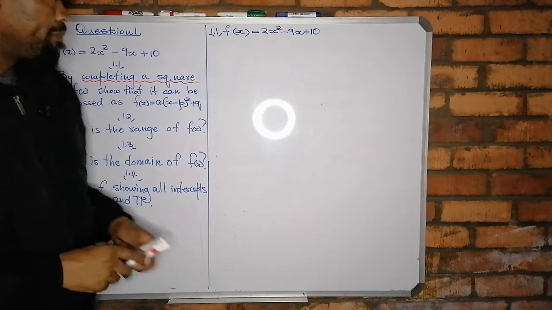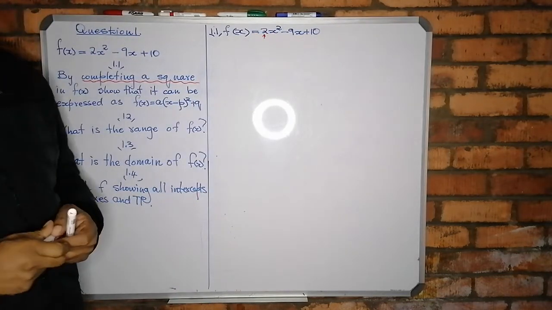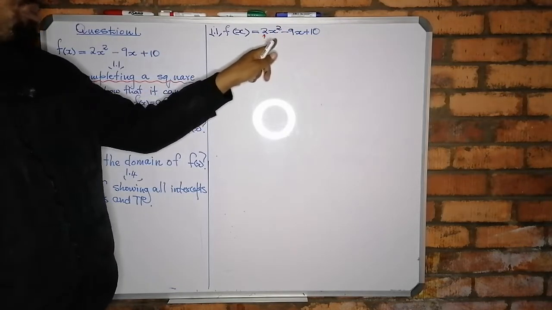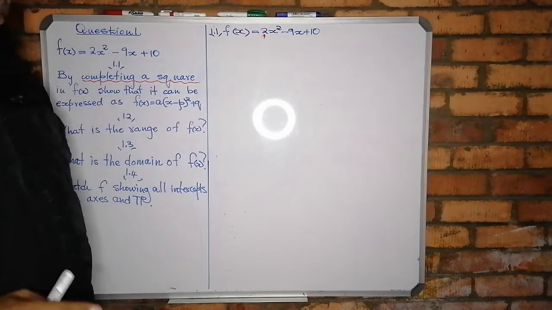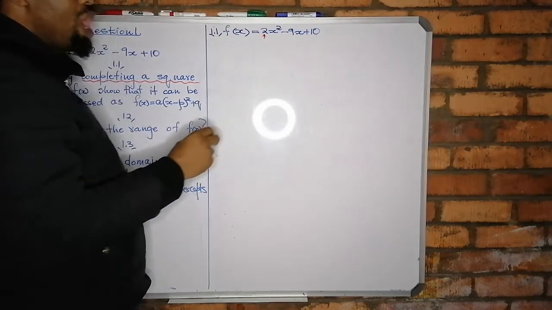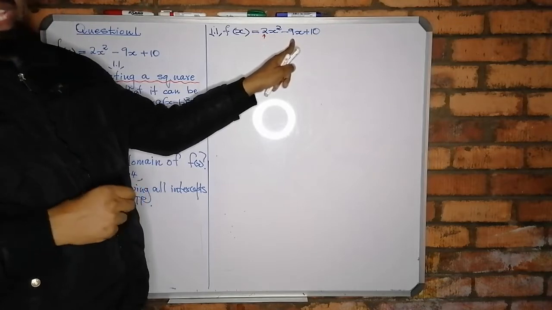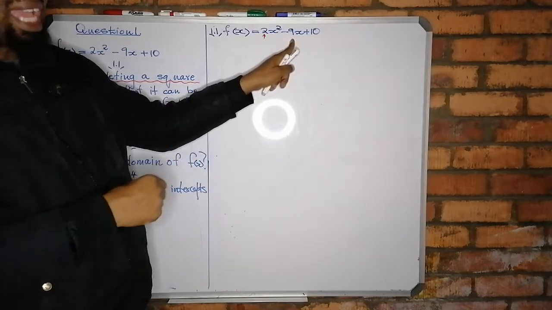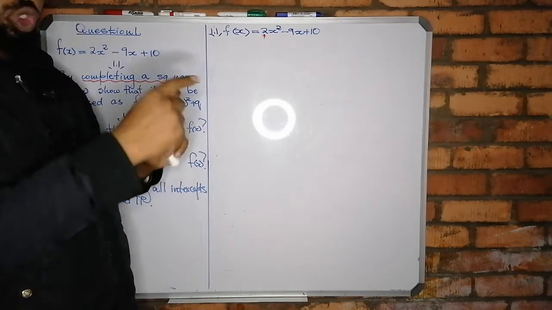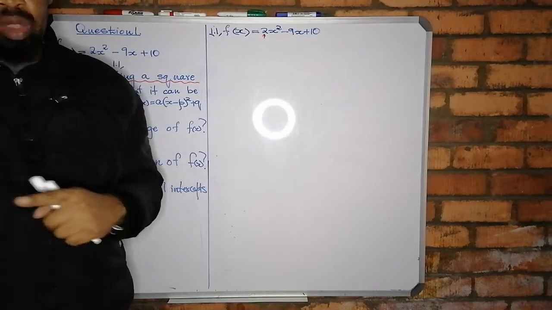Step number 1, you need to make sure that the numerical coefficient of x squared, the number in front of x squared, is 1. Step number 2, after you have made this one, you therefore take the numerical coefficient of x, you multiply it by half, you square it, you add it to both sides of the equation.